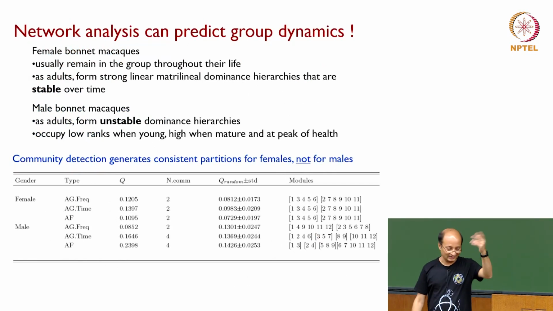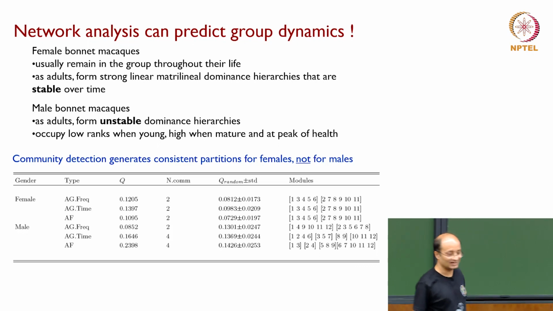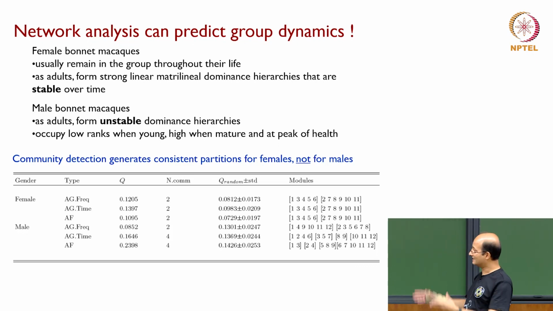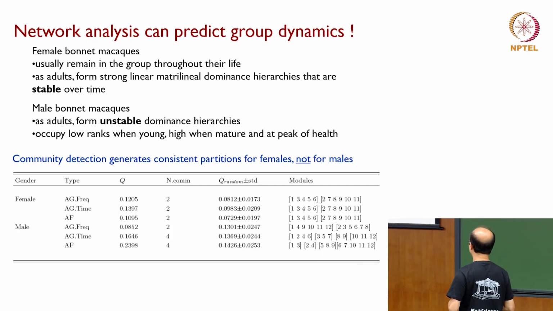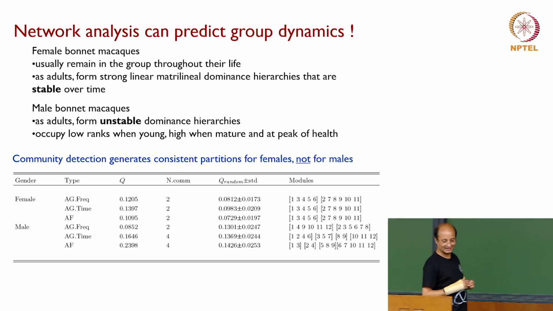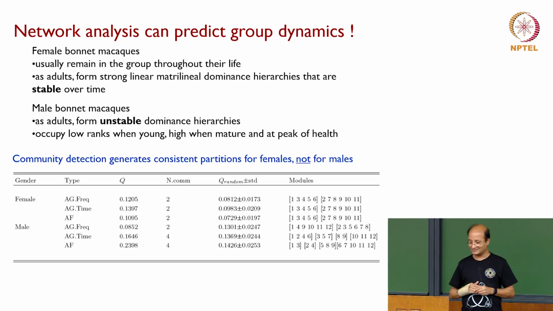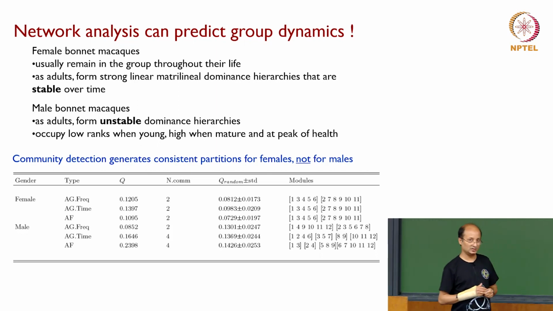So Anindya, who was my collaborator, gave this data set to us and said, well, can we see something interesting from this network? Now, I mentioned that the female networks are very stable. Once the assignment of rank is done after birth, it remains stable throughout. But for males, that's not true.